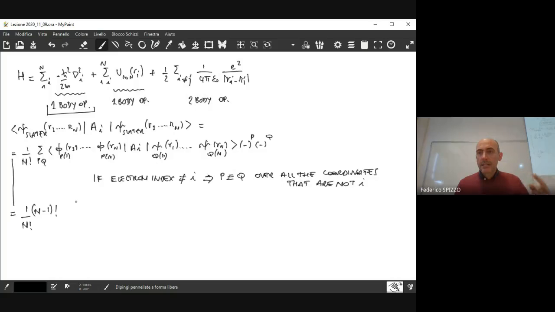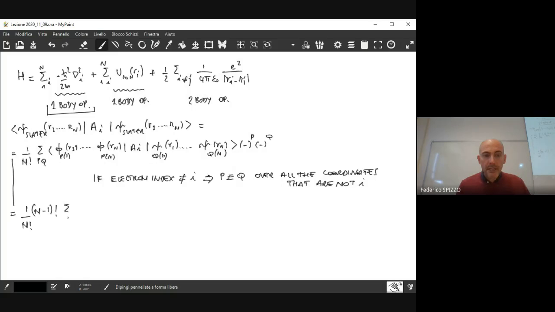So we have the same term for all the possible combinations of P, because at the end, starting from P and Q, we are just left with P as happened before. And we have to consider all the possible permutations over all the coordinates that are not I.